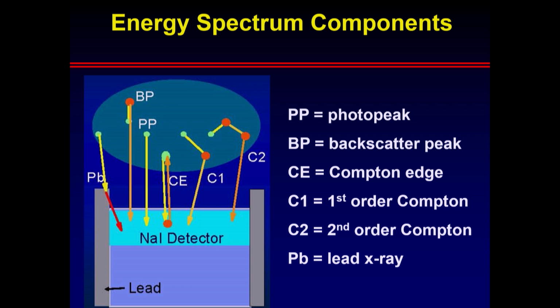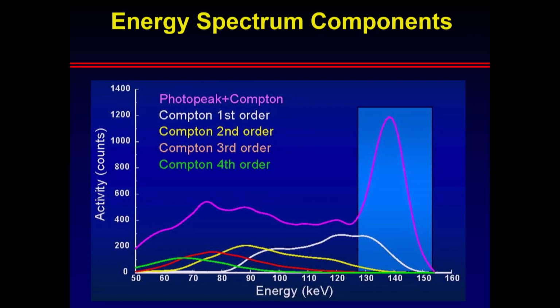So those can all be identified in terms of the pulse, in terms of the spectrum, and eliminated. And so here you go, you have your typical spectrum components. The photopeak is what you really want, the 140 keV, and all the other ones you're hopefully going to be able to eliminate based on their energy in the pulse height analyzer, since they haven't met that specific window for acquisition.